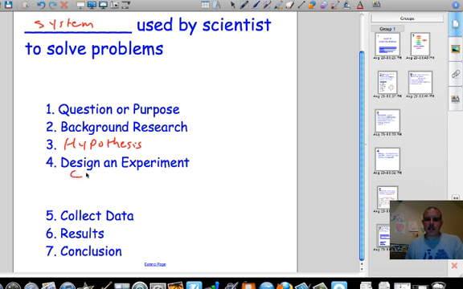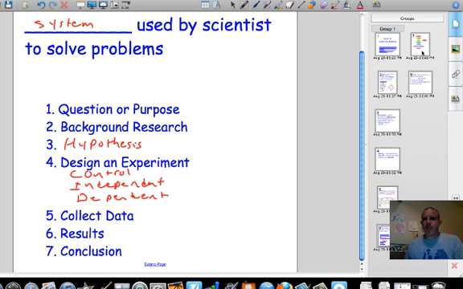When you design an experiment, you need to have a control, and you need to have an independent and dependent variable. And the other one is the dependent. We're going to then collect the data, look at the results, and then we make a conclusion based on what we had.